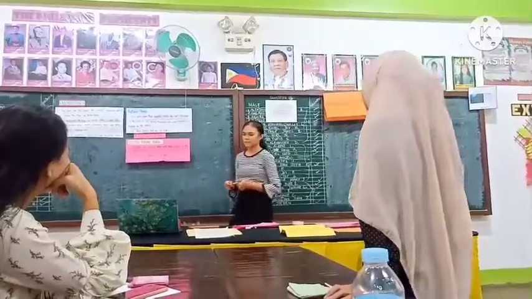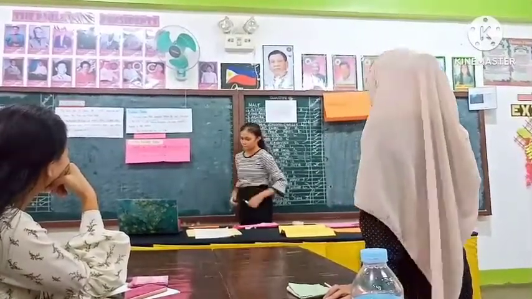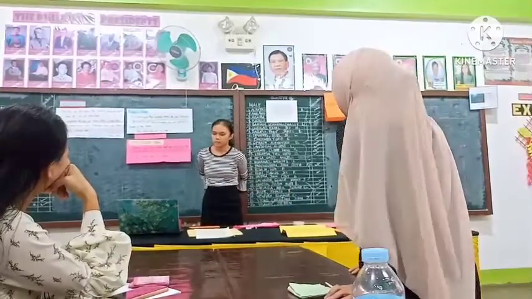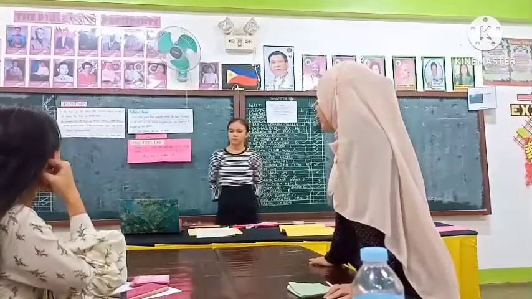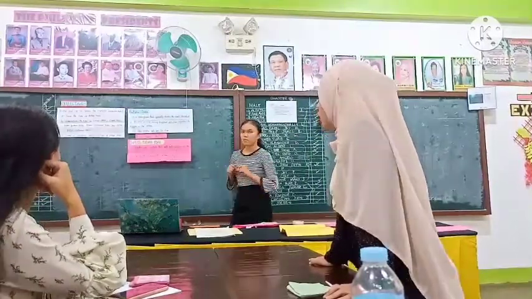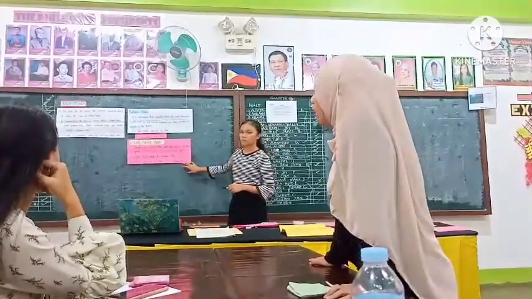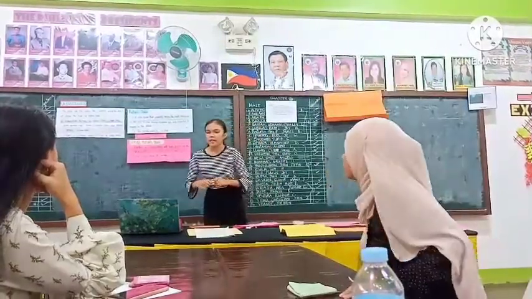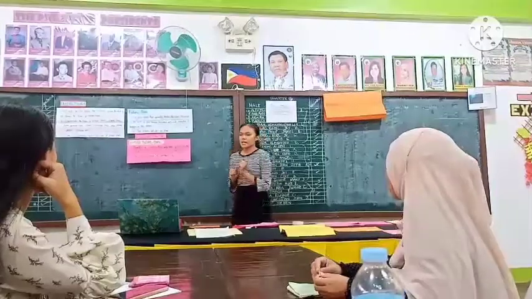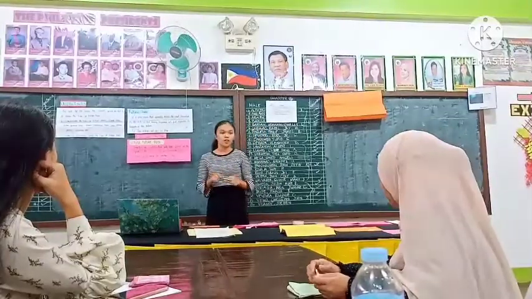Again, simple future tense denotes an action that will take place in the future. It expresses a certainty. Example: we shall move to another city and we will come to New York tomorrow. Okay, so simple future tense is used when an action is expected to occur in the future.